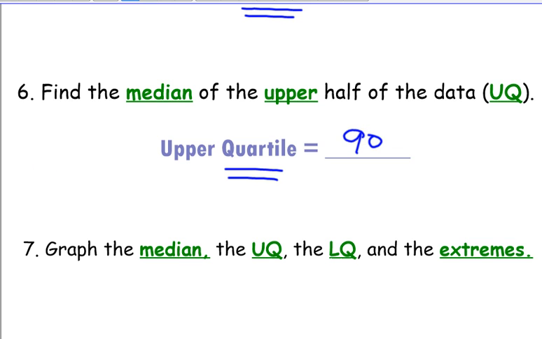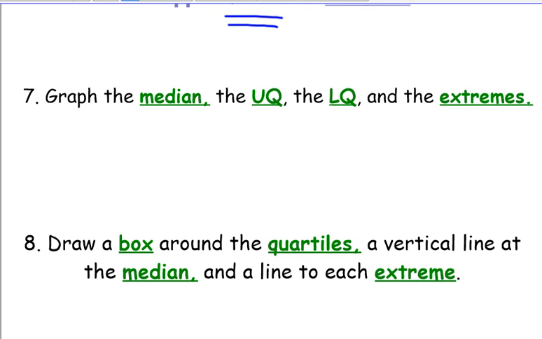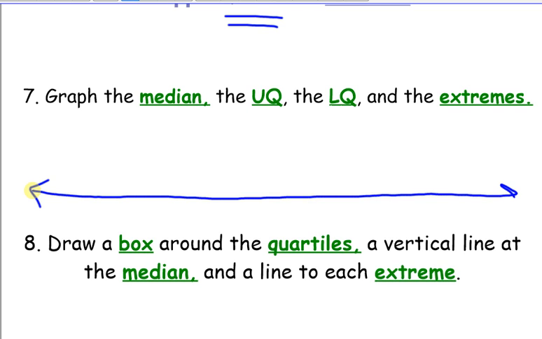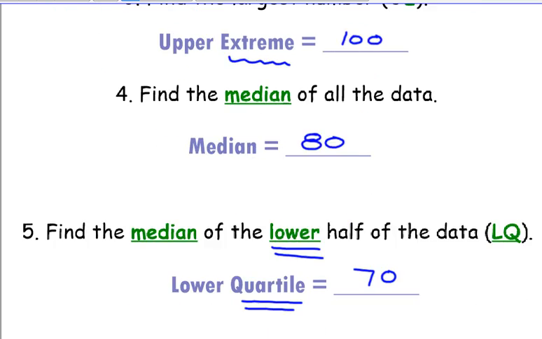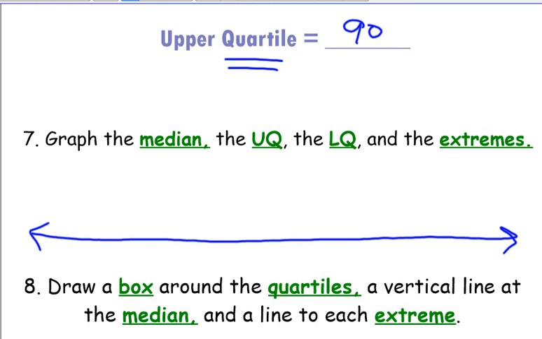Now, the last part is to graph it, okay? So, we're going to draw a number line here. And I'm going to go back up for a minute and look at my data. So my smallest number is 65, my largest number is 100. And kind of like the histograms, you're going to have to determine what your scale is.